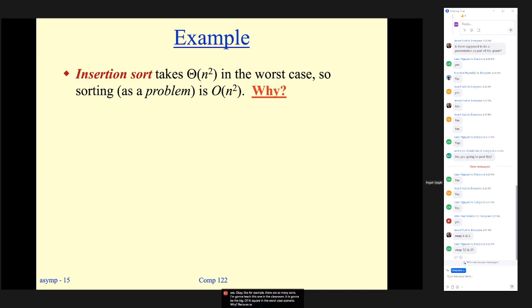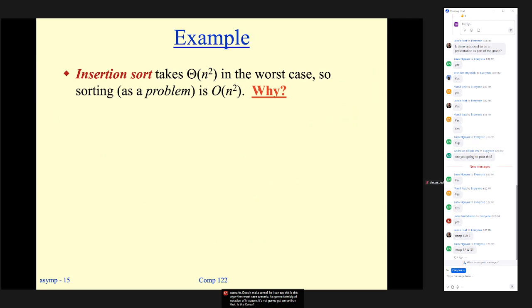Because as I explained in the past, if I have a big theta notation, it means I have a big O notation too. And if I have the big O notation, it means that I know the worst case scenario. Does it make sense? So I can say this algorithm in the worst case scenario is going to take big O of n squared. It's not going to get worse than that. Is it clear?